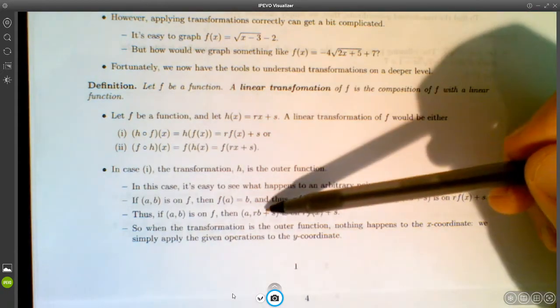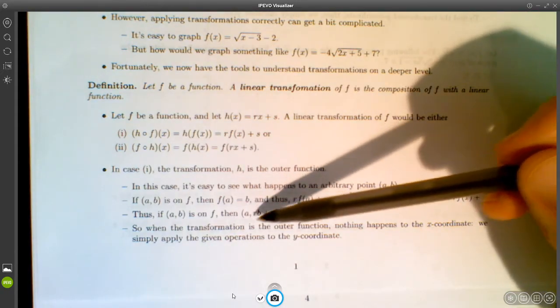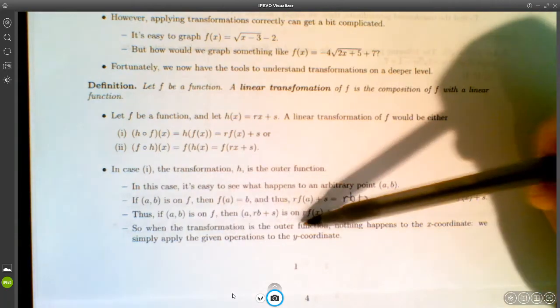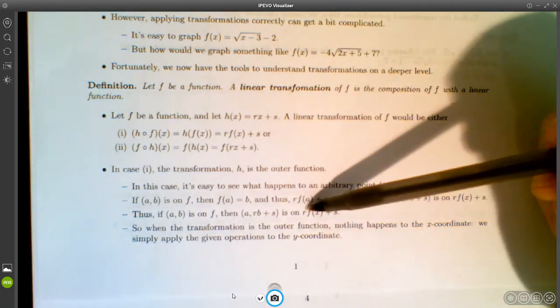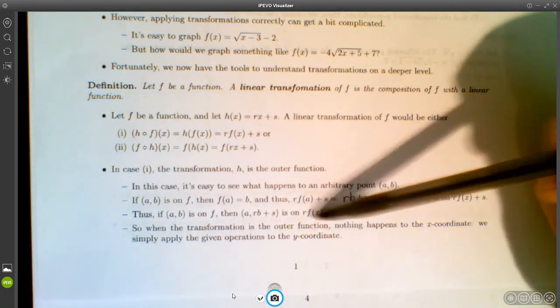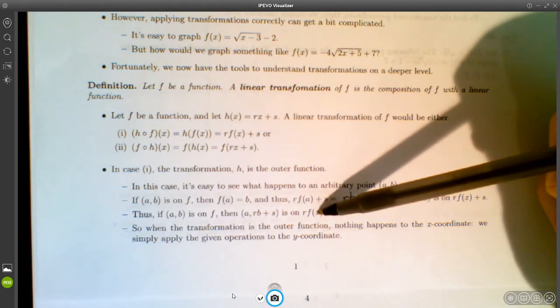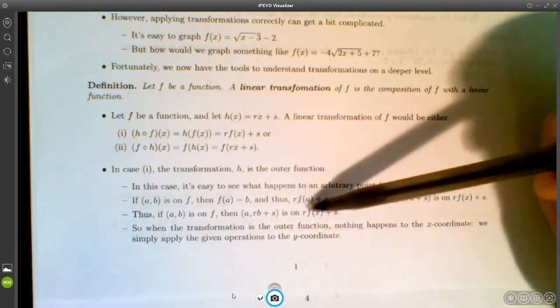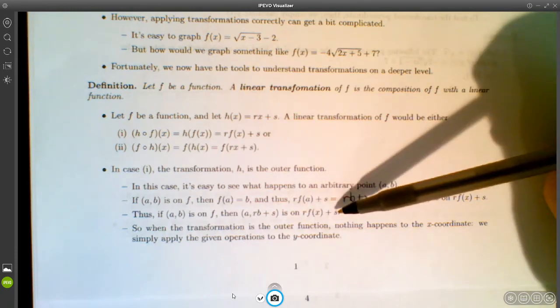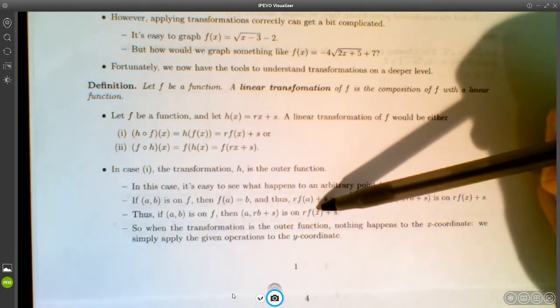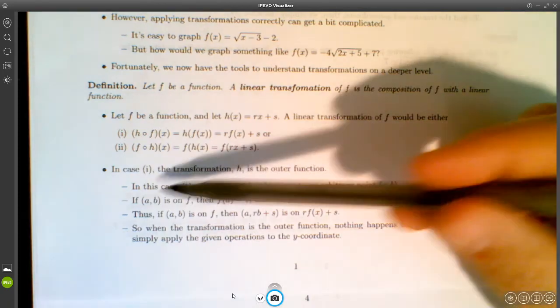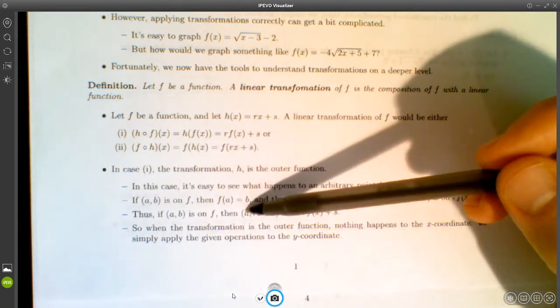In other words, when the transformation that you're applying is the outer function, so when these transformations are taking place outside, when they're not what you're plugging into the function, but stuff that you're doing to the function value afterwards, then nothing happens to the x coordinate. A, b, and then a, rb plus s.